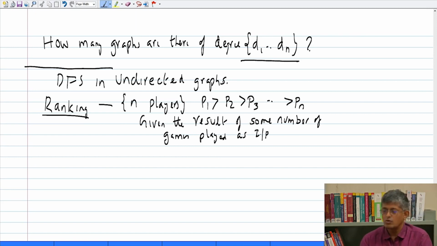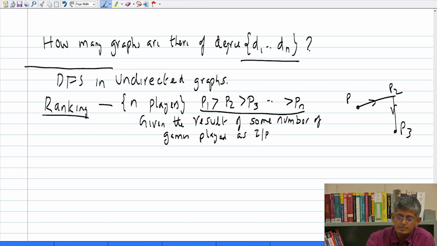What is given to you is that player 1 played player 2 and obviously player 2 lost. Player 2 played player 3, and player 3 lost. Of course, this is all the data that is given to your program. You don't know the rest. How many rankings are there which are consistent with the given information?